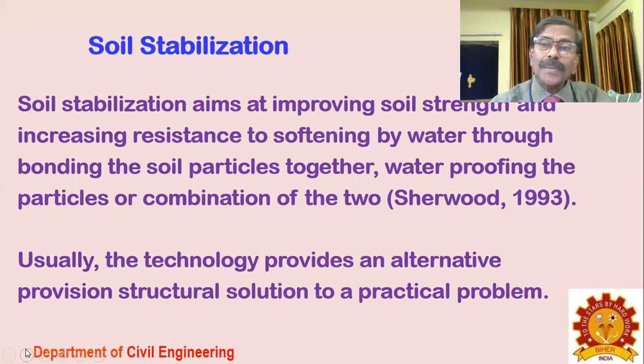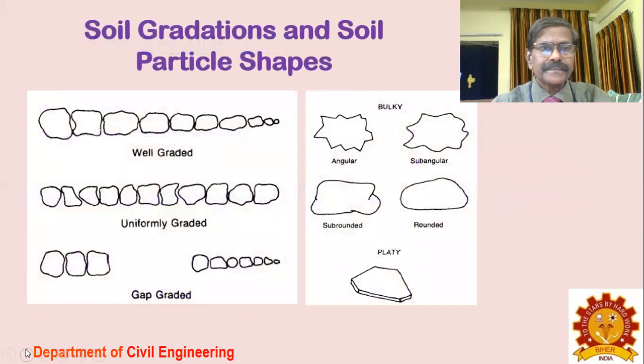But there is an optimum moisture content at which the soil can be compacted and stabilization can be exploited best. That moisture content is called the optimum moisture content for compaction. That was the science of soil moisture content and compaction.